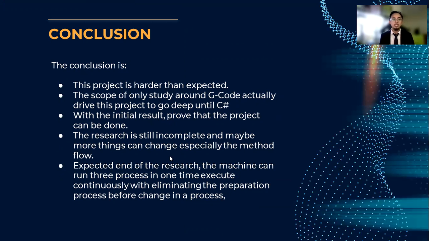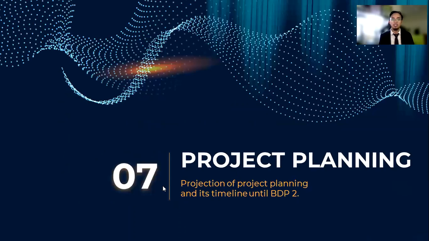The research is still incomplete, and maybe more things can change, especially the method flow. As I have presented before, maybe we will have some change in the method. Okay, the expected end of the research is that the machine can run three processes at one time, executing continuously while eliminating the preparation process before changing to any process. Okay, this is my conclusion.